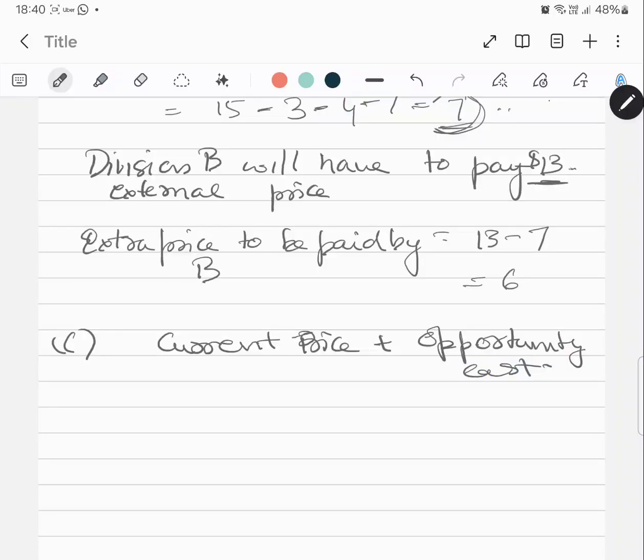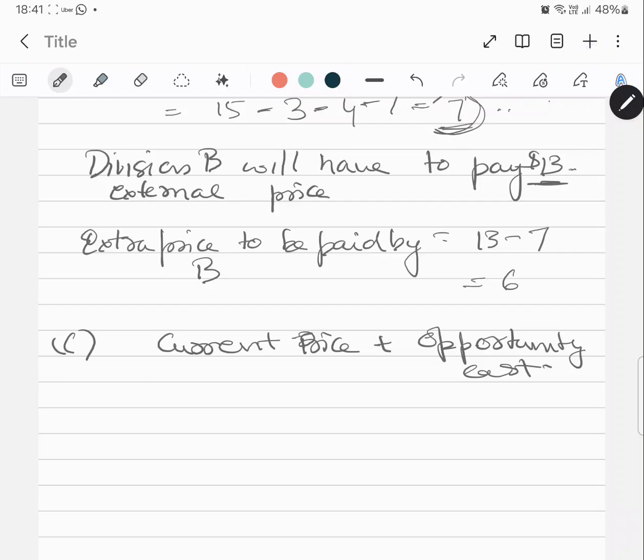right? So what is the current selling price right now? This is not the current selling price, this is the current cost actually.